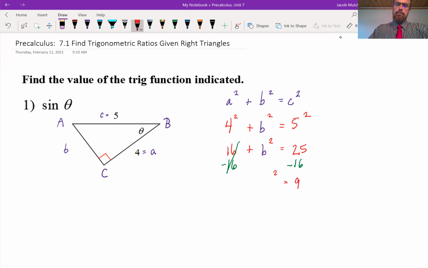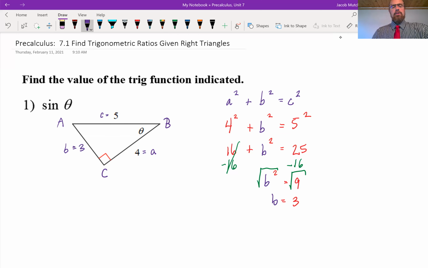So we have now that b squared equals 9. And I'm not really interested in b squared. I want just the value of b really to the first power. So I'm going to take the square root, and that immediately solves for me the side length of b as having a length of 3. So I'm going to go ahead and label that missing side here.